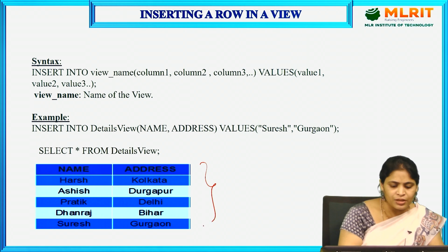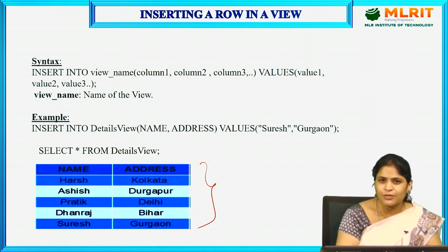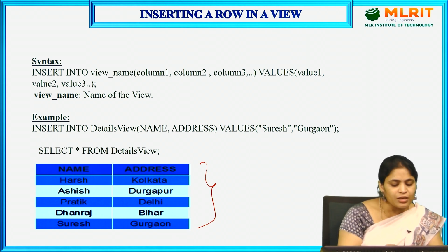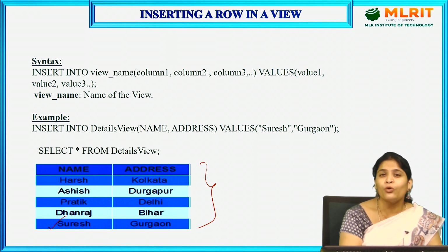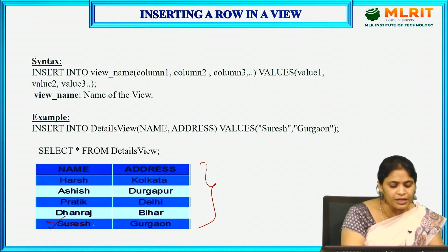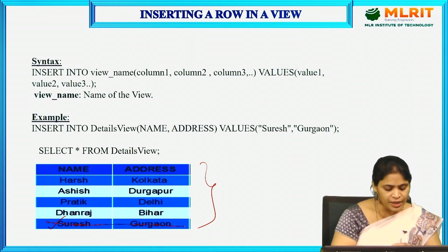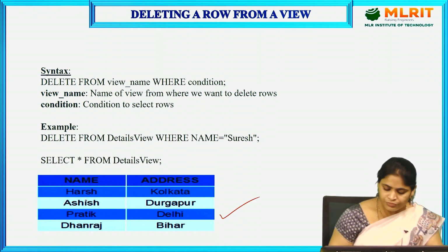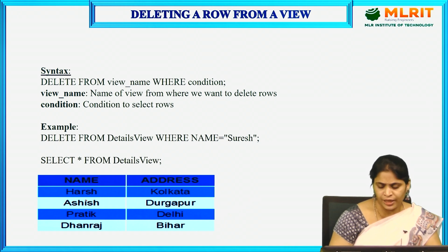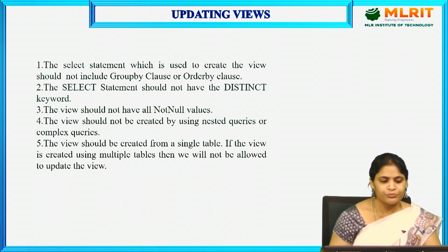See, this is the output of details view after inserting. So here I have to delete the name Suresh. That whole particular row will be deleted by using the delete command. So that will be the output represented here, right? So in this way we delete a row from a particular view.